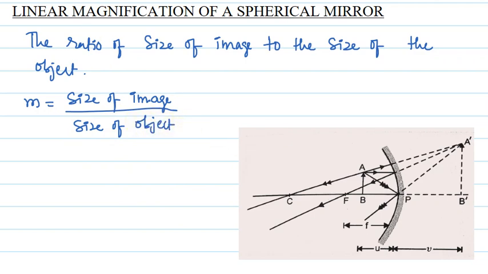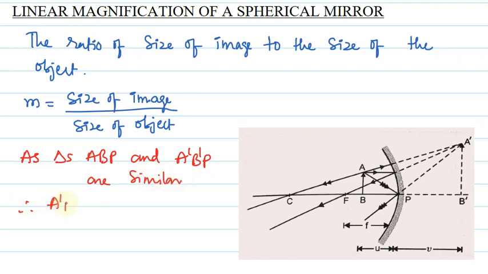So if we take this ray diagram, here we can consider A, B, P and A prime, B prime, P as similar triangles. Triangles A, B, P and A prime, B prime, P are similar. Therefore, A prime B prime upon AB is equal to PB prime upon PB.